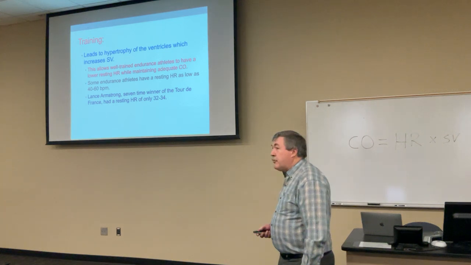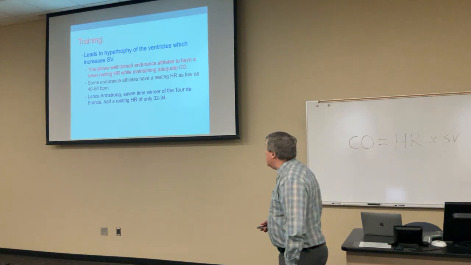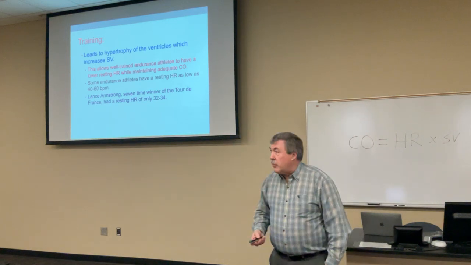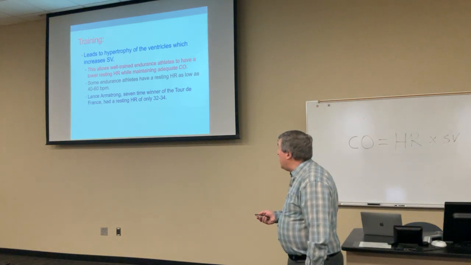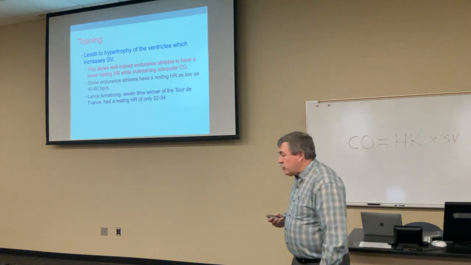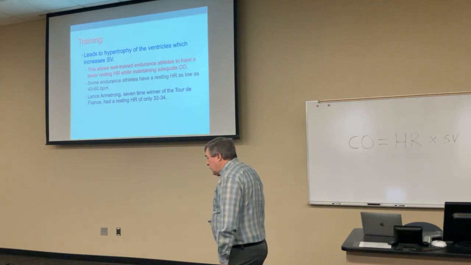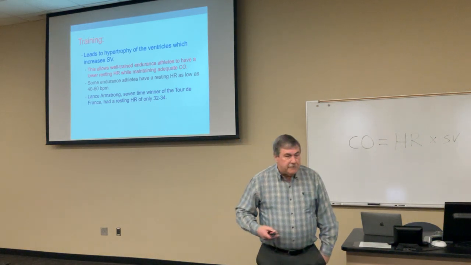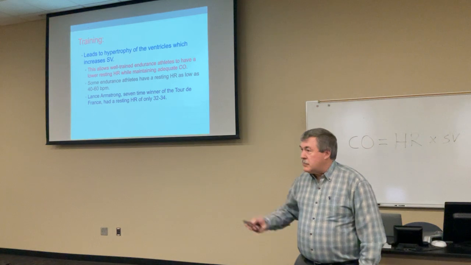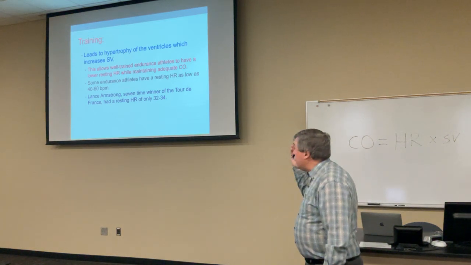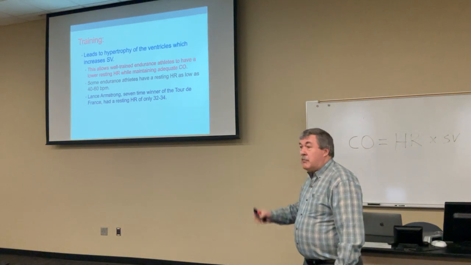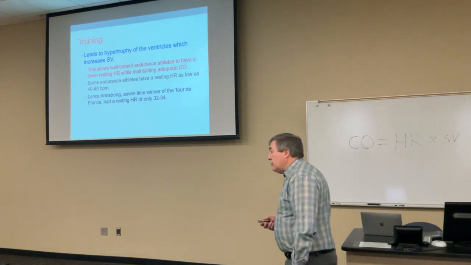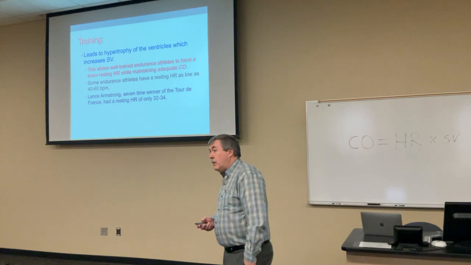Training can lead to hypertrophy of the ventricles, which makes them stronger, which increases the stroke volume. And that's why really well-trained athletes, like cyclists that do the Tour de France, and athletes that run marathons, sometimes have heart rates below 50, sometimes in the 40s.